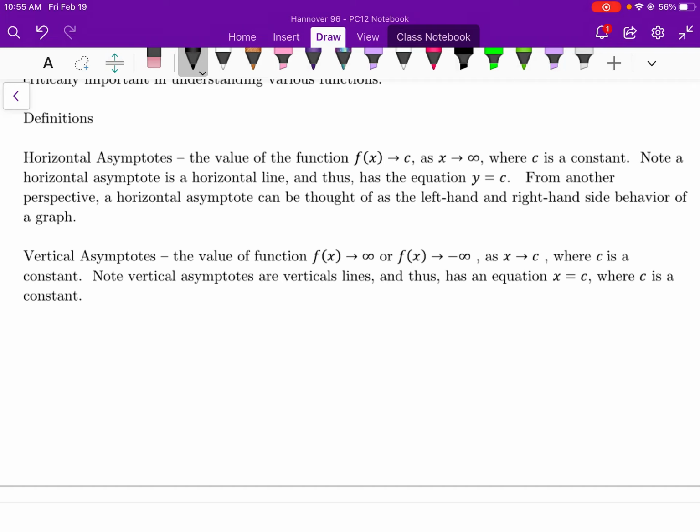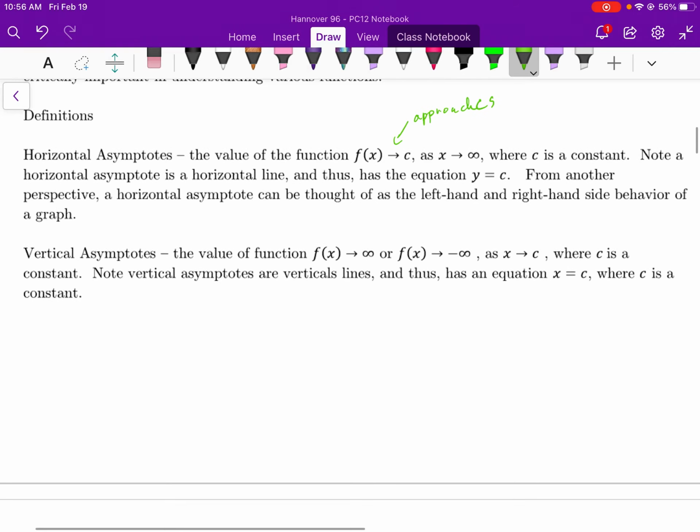Definitions. So an asymptote is these sort of guidelines, and we're going to talk about the horizontal guidelines. A horizontal asymptote: the value of the function f of x approaches, now this little arrow, you can say approaches, a constant c as x gets infinitely large, positive or negative.